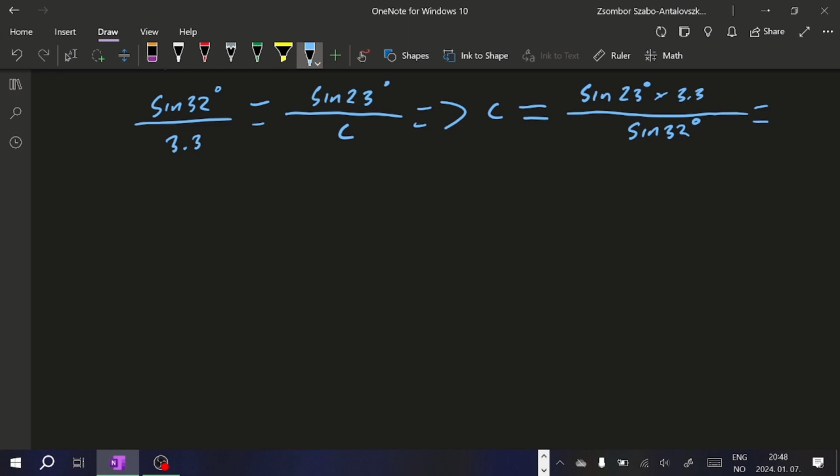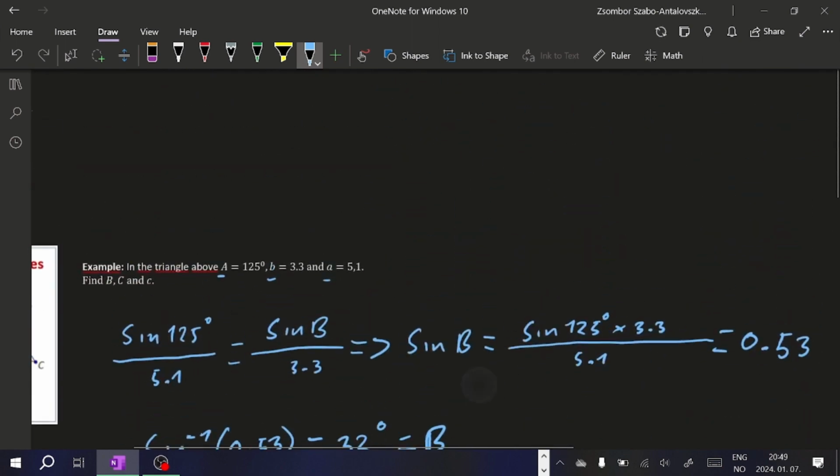So plug this into your calculator: sine of 23 times 3.3 divided by sine of 32. That's going to give you something pleasant, which is approximately 2.4.